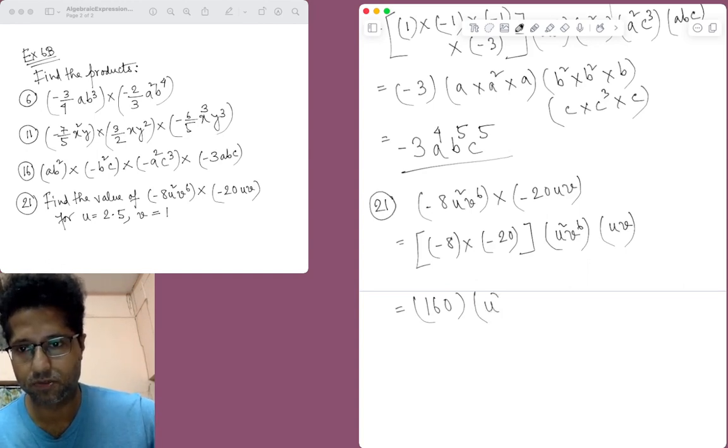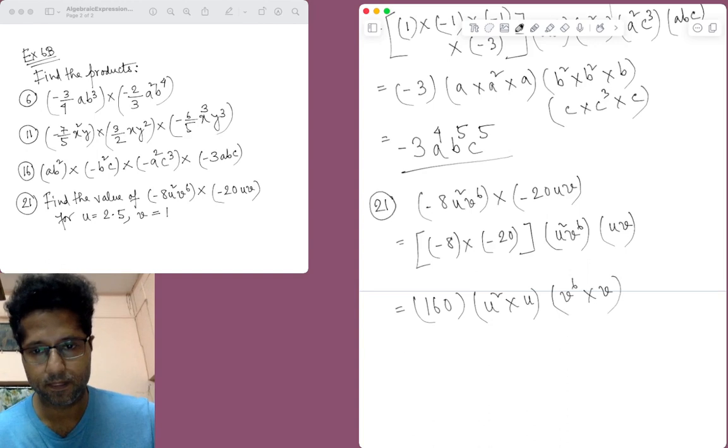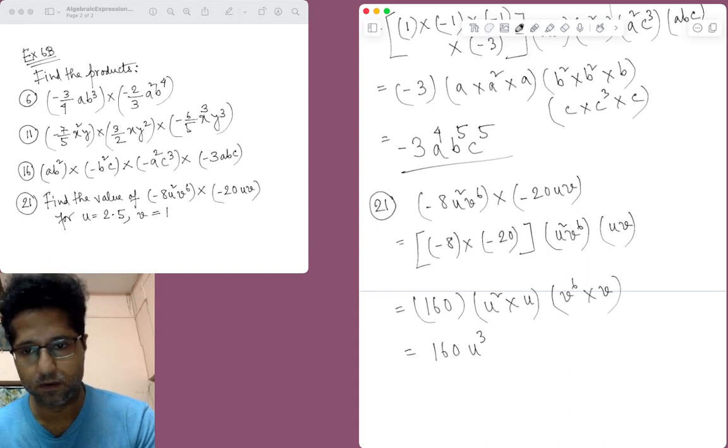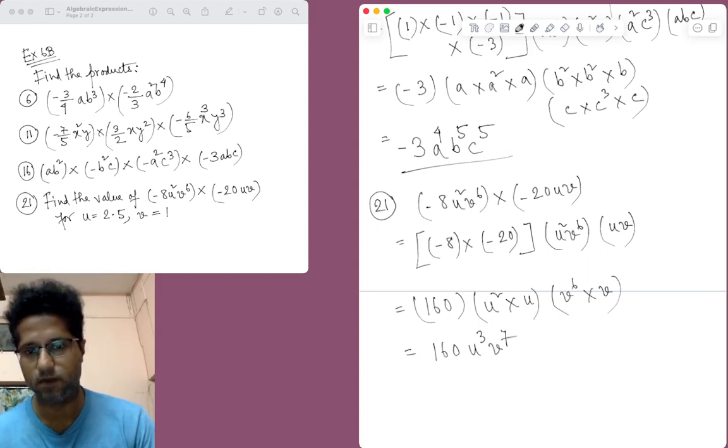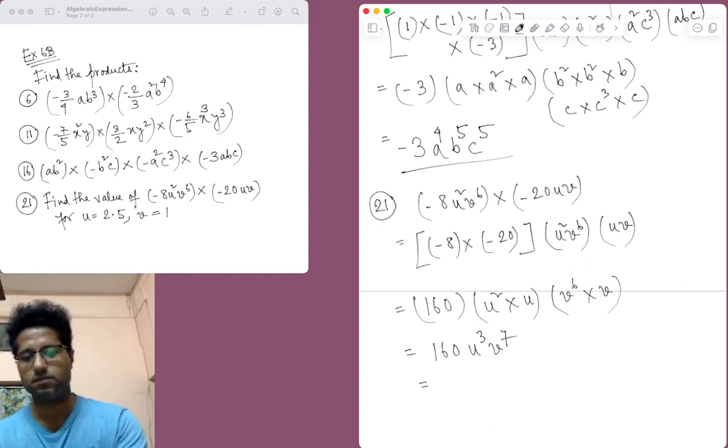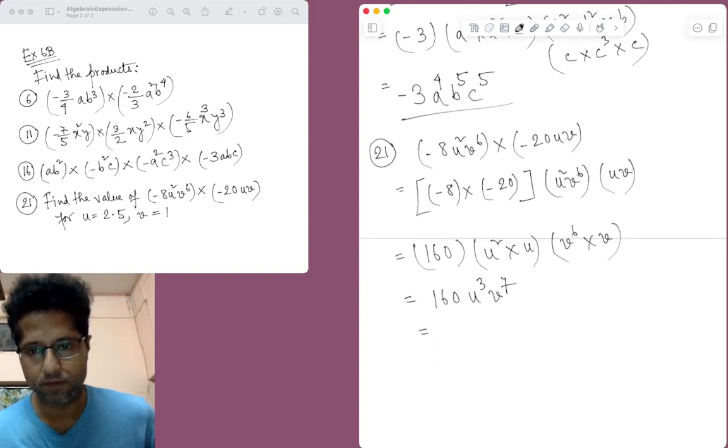So this becomes u square into u, and then v to the power 6 multiplied by v. Now this becomes 160 u cube v to the power 7. Now we have to substitute the values of u and v which are given.